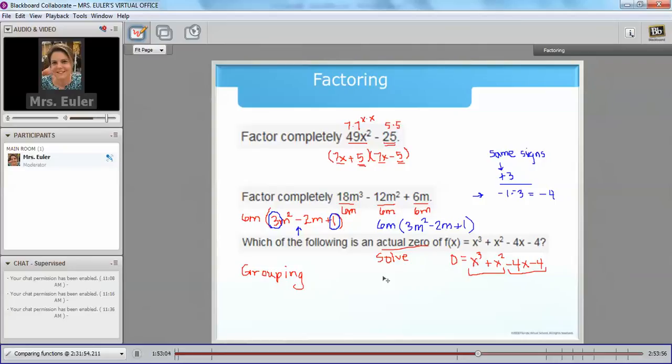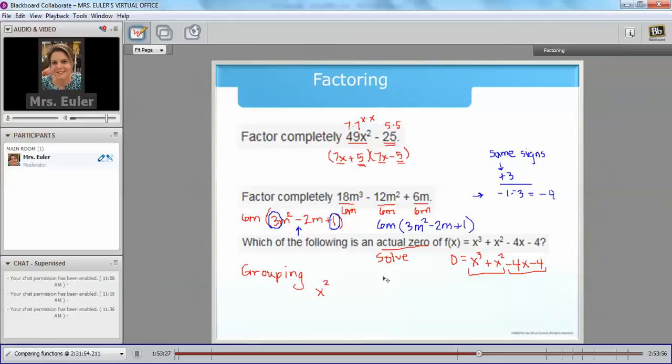So when I look at this first group, the x cubed plus x squared, I'm trying to determine what do they have in common. What's the greatest common factor that they have that I can pull out? And I see here that they both have at least 2 x's, right? So in the first group, I'm going to factor out x squared.